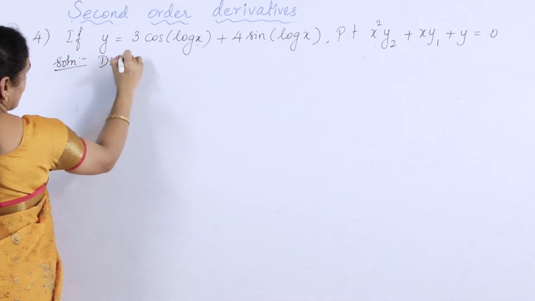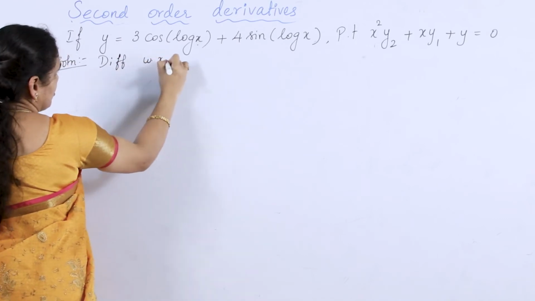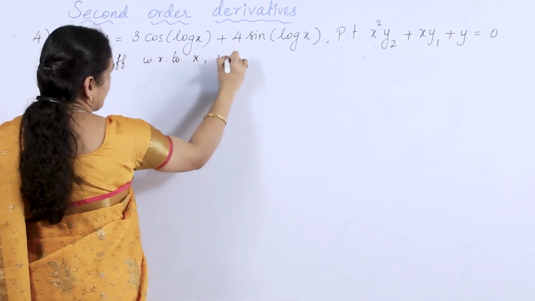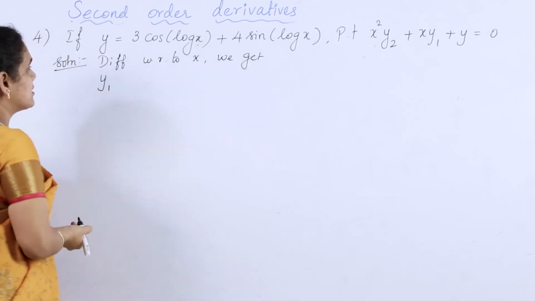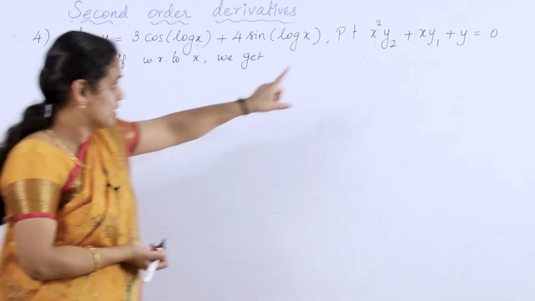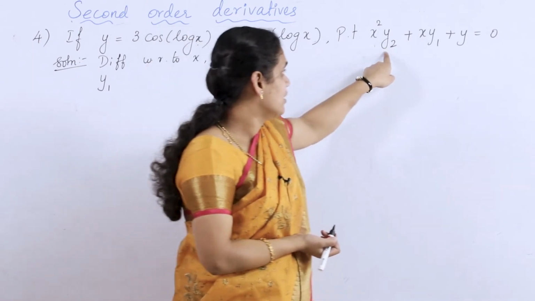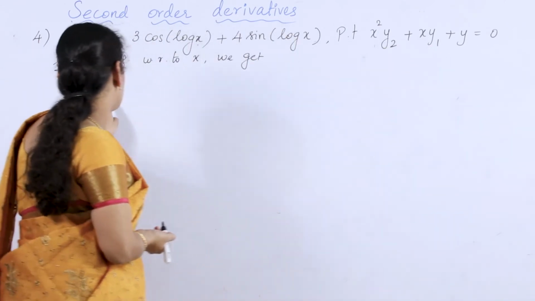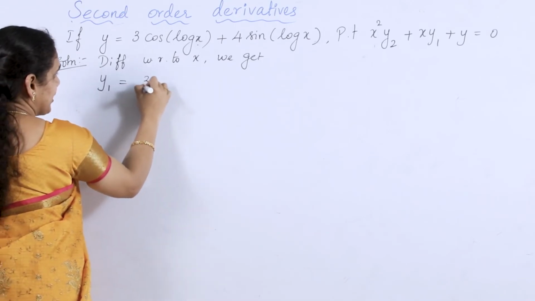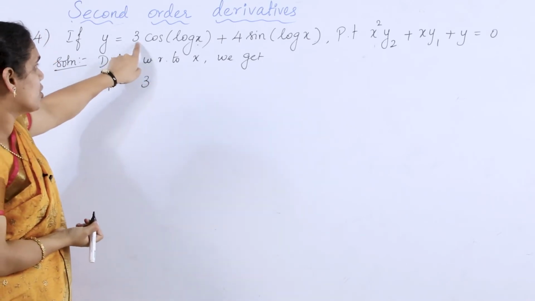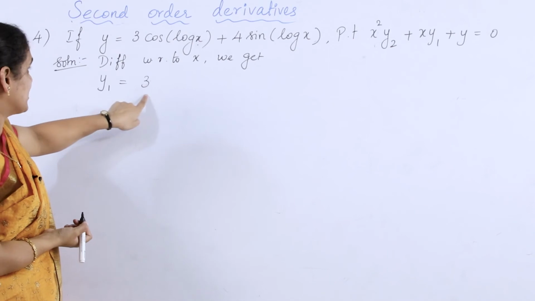So differentiate the given function with respect to x. Let us use y1 here instead of dy by dx, because in the proof we have to bring y2 and y1. So I am writing this first order derivative as y1, that is equal to 3 times, 3 is a constant and it is in multiplication, so it remains the same.